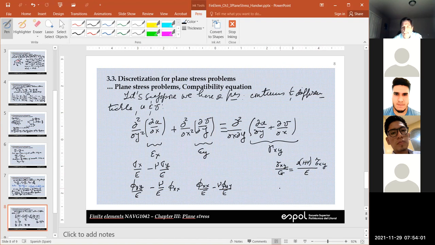So this term here is going to be minus 2(1 plus nu) over E phi xy. Okay, so this is differentiated twice with respect to x and y. This is differentiated twice with respect to x. And this is differentiated twice with respect to y.